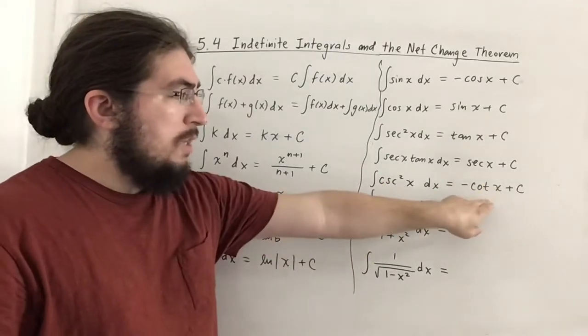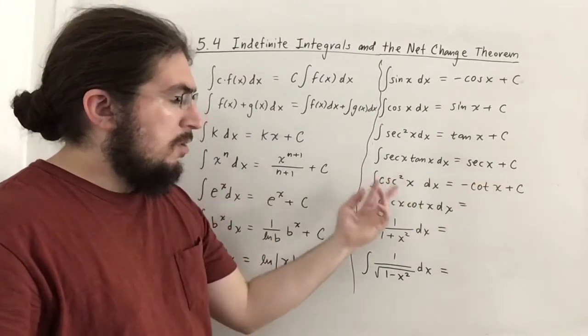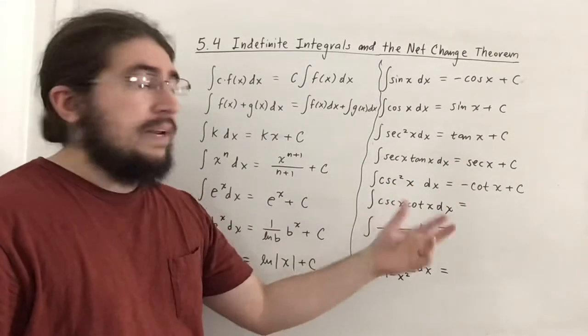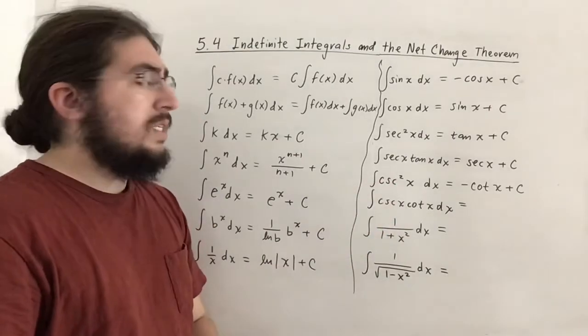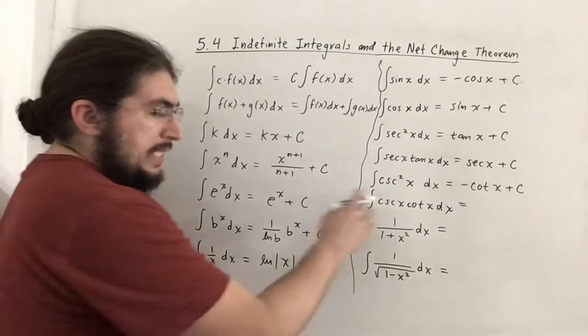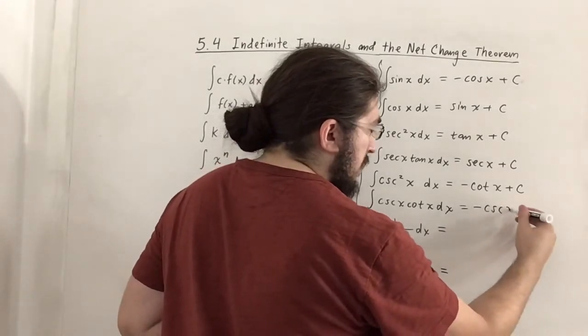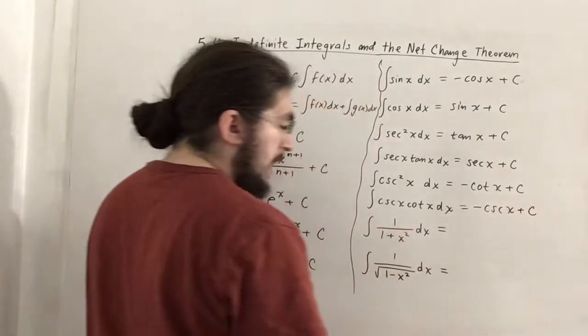So its antiderivative will be negative cotangent, because derivative of negative cotangent will be a double negative, which is positive cosecant squared. Very similarly, the antiderivative of this is negative cosecant of x plus a constant c.